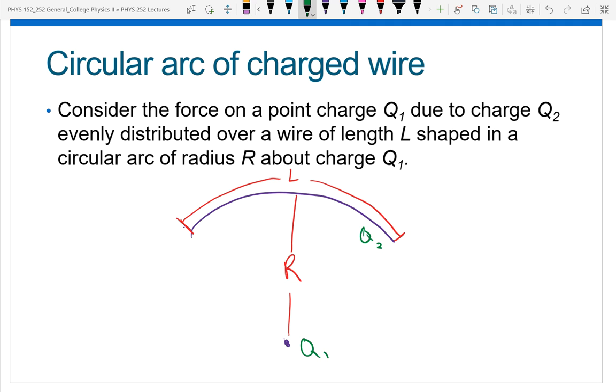So Corso, what's the first thing to do? To solve for the force on charge Q1 due to the charge Q2 on what? The wire. Aside from drawing the picture that I already did. Determine the force. That's what I want to do.